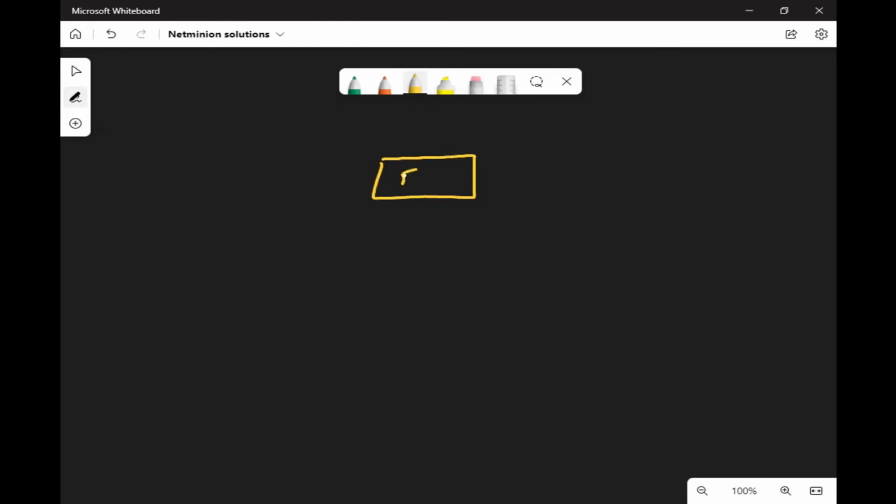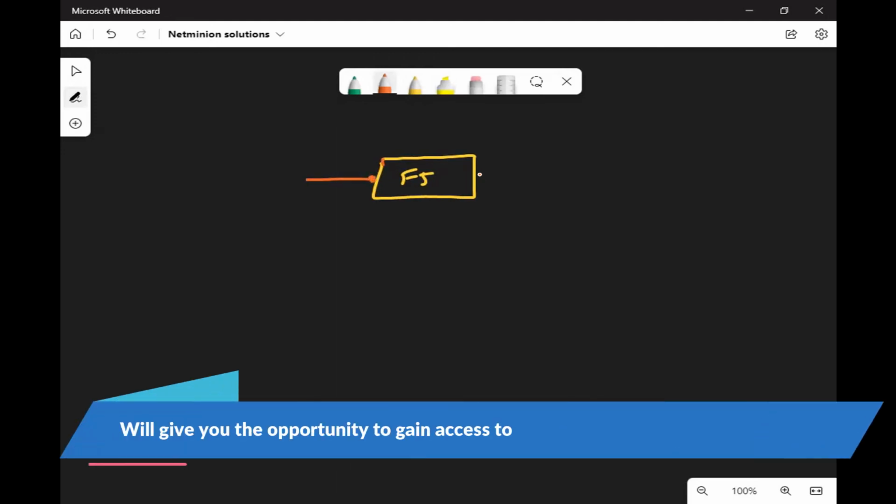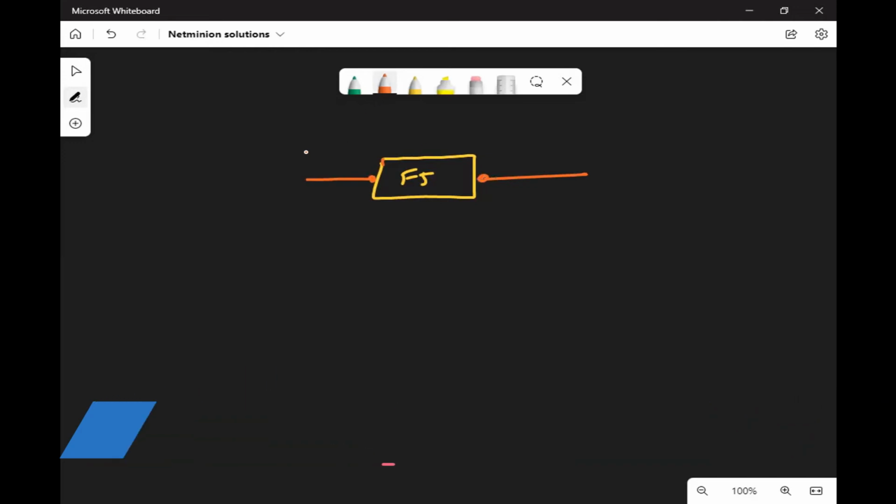So you tell me, when we need to deploy F5, how many ports or interfaces do we have? Internal VLAN, external VLAN. Internal interface, external interface. And HA VLAN. What about management?